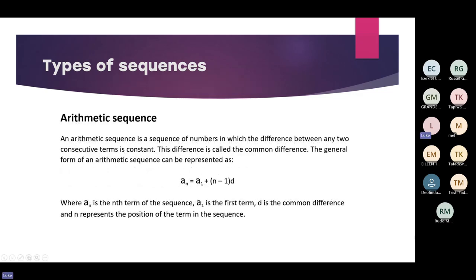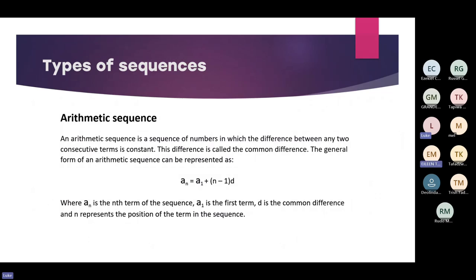Right. We are still on types of sequences. We have what we call an arithmetic sequence. An arithmetic sequence is a sequence of numbers in which the difference between any two consecutive terms is constant.